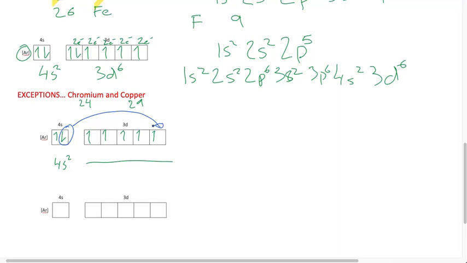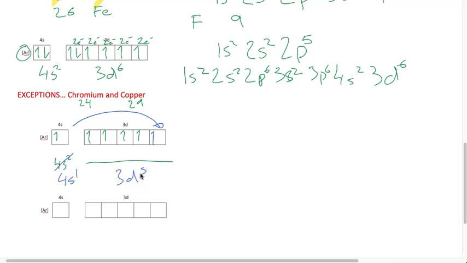So what it actually does is it pinches 1 of your electrons from here and brings it across. Oh sorry, I've put 1 too many in here. It pinches 1 from there and brings it across. So what we actually end up with is 4s1, 3d5.